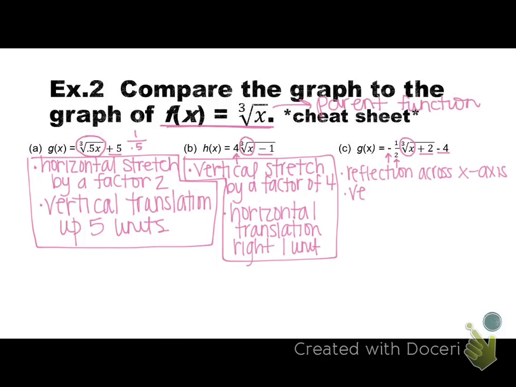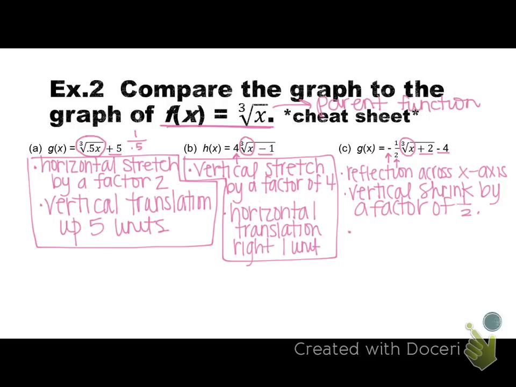You've got the 1/2 being multiplied by the entire function, so we know that's a vertical. Now that 1/2 falls between 0 and 1. So this time it's a vertical shrink, again, by the factor of what we see. So by a factor of 1/2.